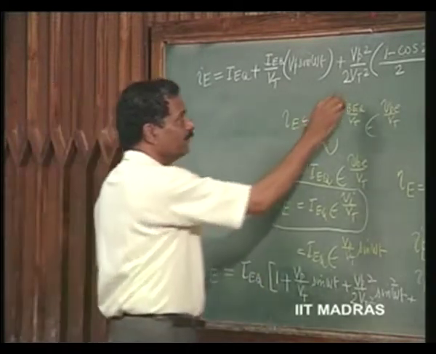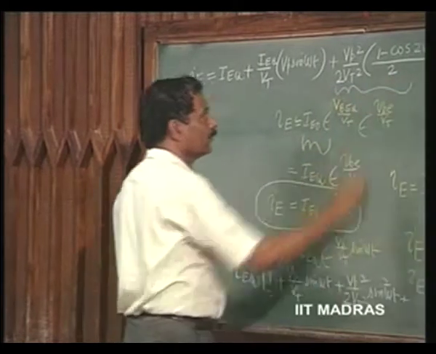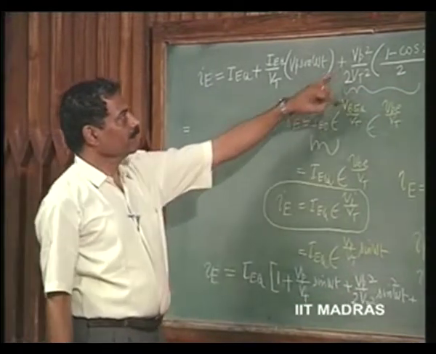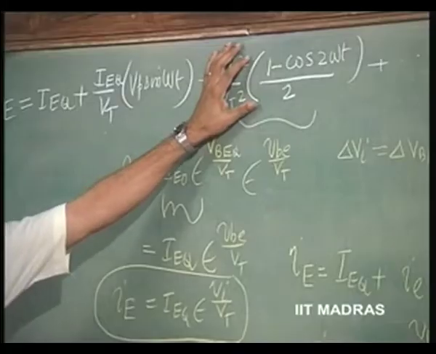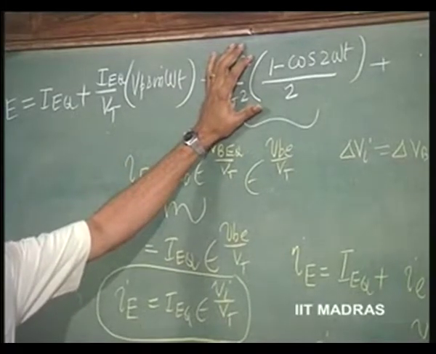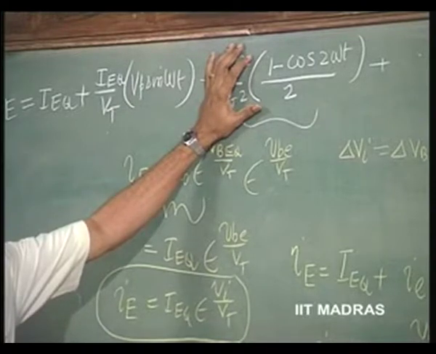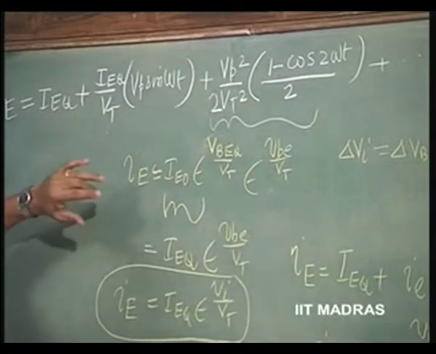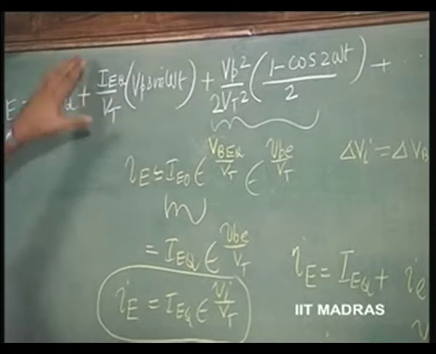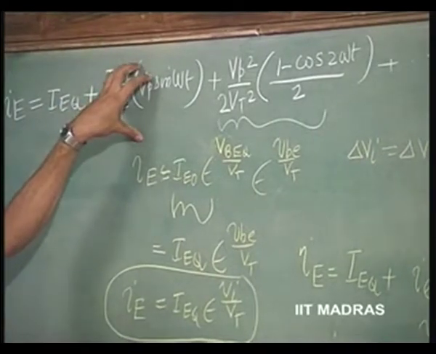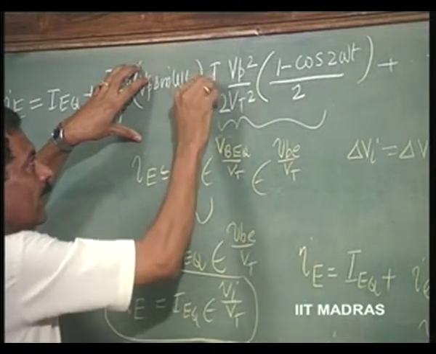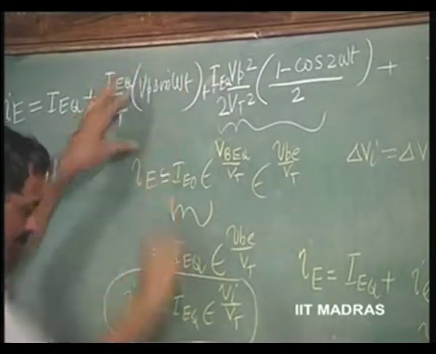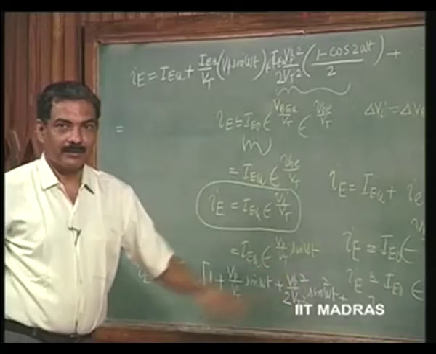If we want this to be very small, okay, this factor Vp squared by 2 Vt squared, a dimensionless quantity, should be very small compared to this here, okay, into what? IEQ, because IEQ has been coming everywhere. Right?